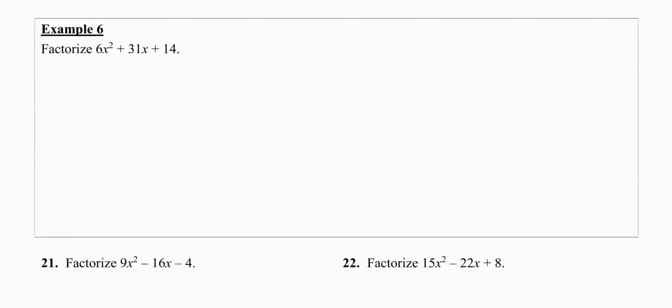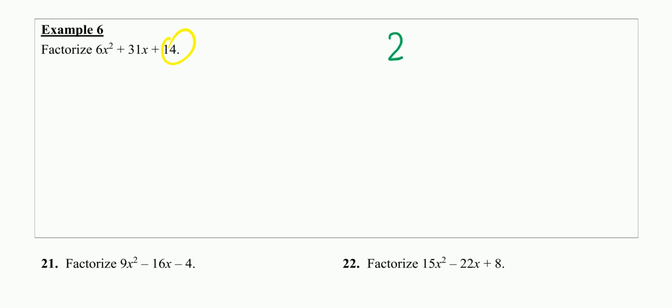Okay, example 6, just one more thing. The constant is a composite number, and you may try the middle thing first. So for me, I will first try 2x and 3x, and then we try to fit the 14 into our combination as our calculation.